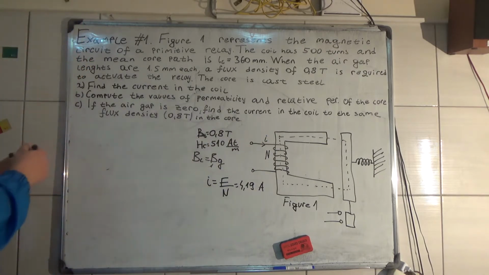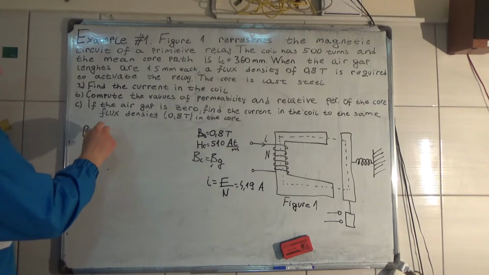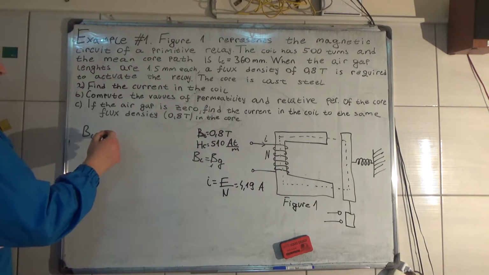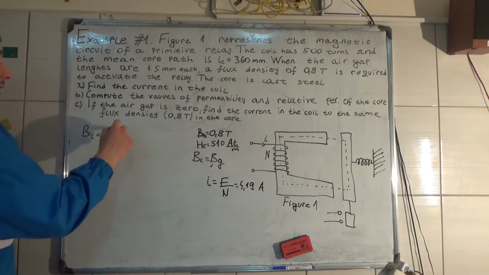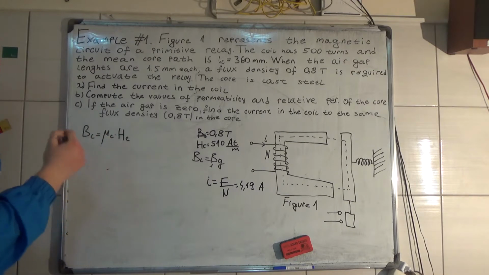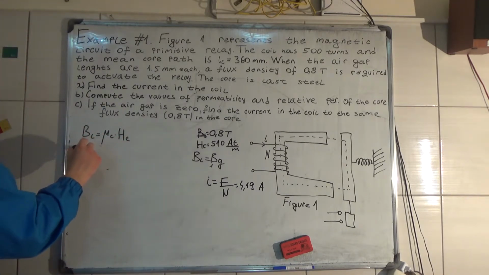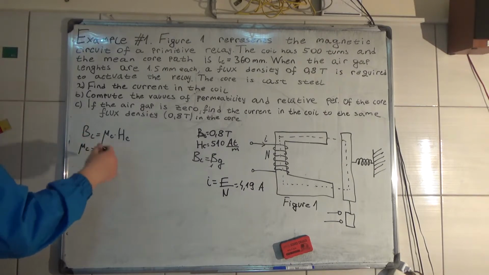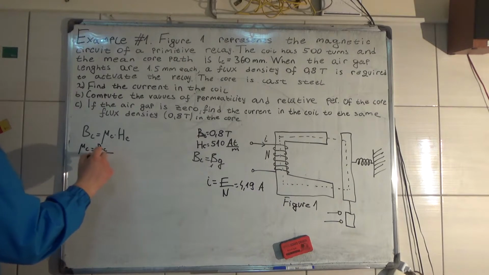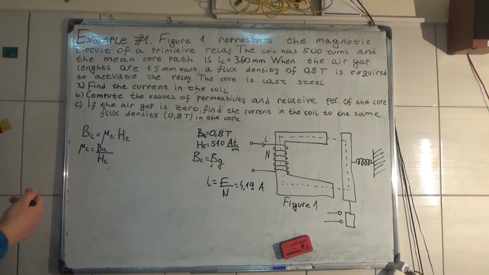Now look at this. B of the core is equal to mu of the core, the permeability of the core, this is not relative permeability, times the magnetic field intensity. And now you see that mu of the core is equal to B of the core divided by the magnetic field intensity.